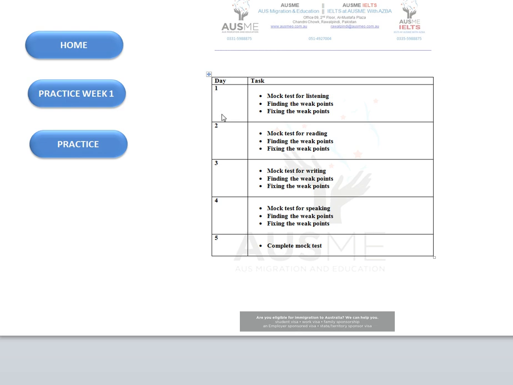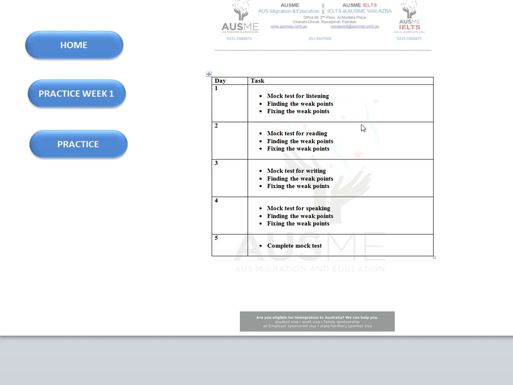For that practice week 1, we have again 5 days. The way we've put it is, for day 1, we do a mock test for the listening. As now we've come into practice, we have to start with each component. So first we do a mock test for the listening, and then on that same day we'll try to see where your weak points are.